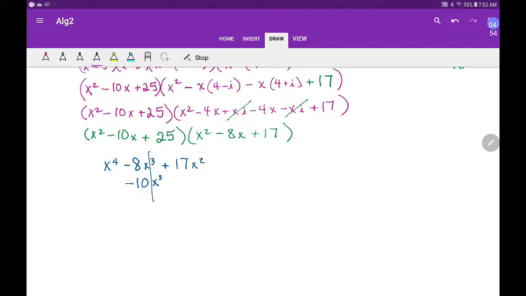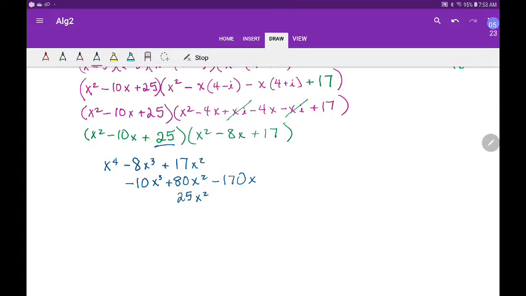So I line it up with this. Negative 10 times negative 8 is positive 80, and I get x squared. And negative 10 times 17 is negative 170 with an x coming along. And then finally 25 times x squared is 25x squared.